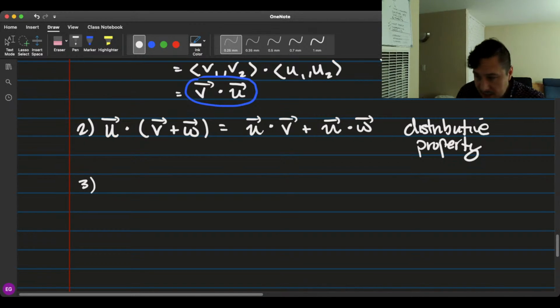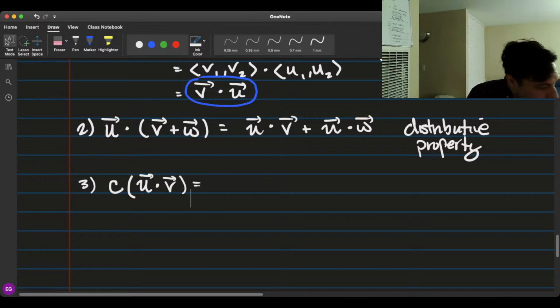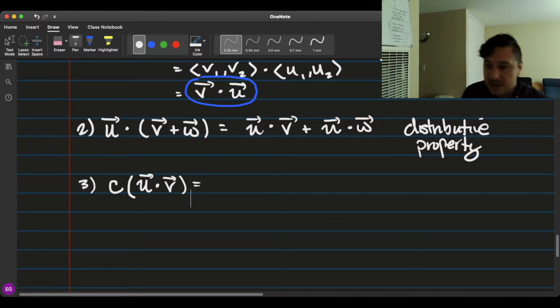This one's really interesting. So C is going to be a scalar. So if you have a scalar times U dotted with V, do you see how this is a scalar times two vectors being dotted?